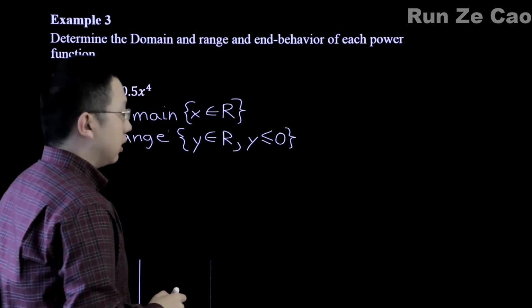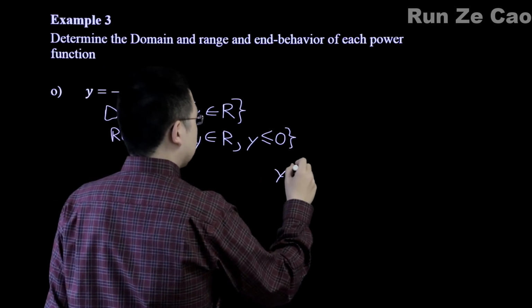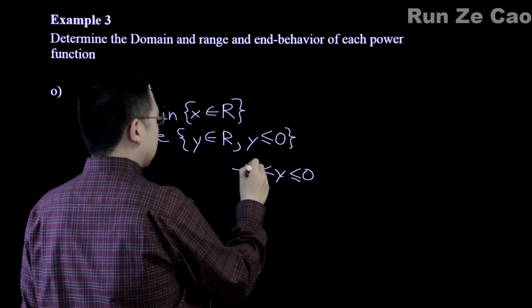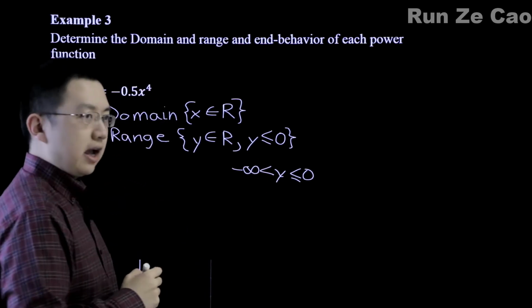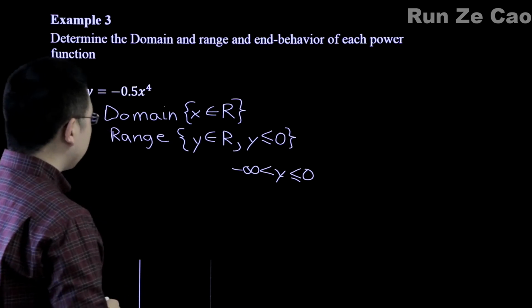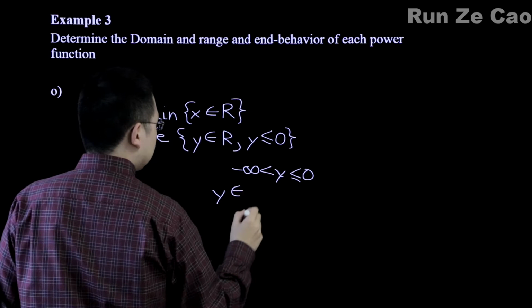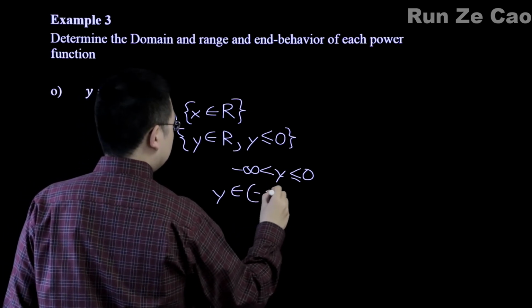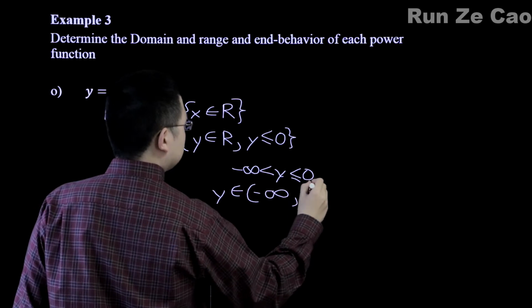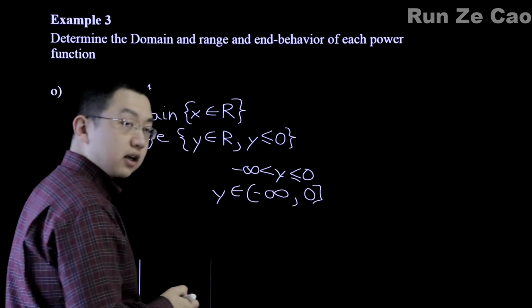Some places you will be asked to write, oh, y is less than or equal to 0 and is greater than negative infinity. Other teachers will not ask you for this part. Or alternatively, what we could have written for range was, oh, y is an element of the set of negative infinity to 0, inclusive at 0, not inclusive of negative infinity.